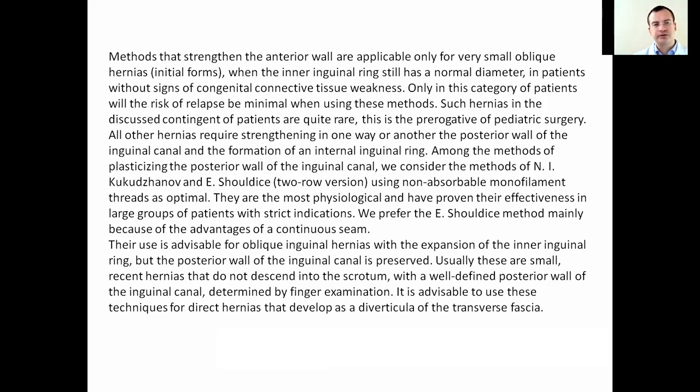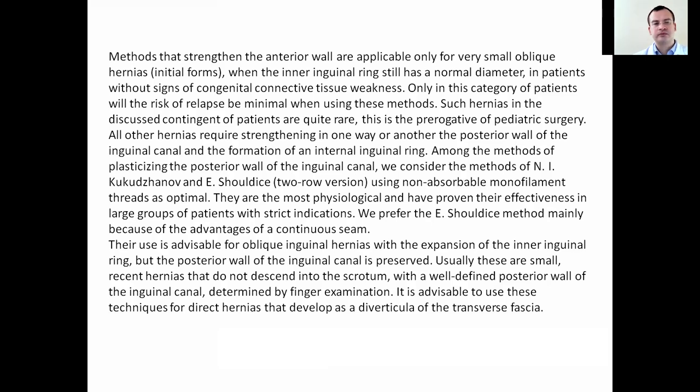Only in this category of patients is the risk of relapse minimal when using these methods. Such hernias in the discussed contingents of patients are quite rare. This is the prerogative of pediatric surgery. All other hernias require strengthening in one way or another.